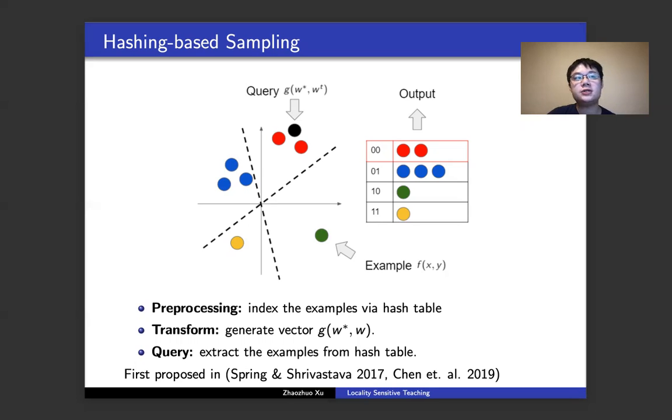Finally, we use this G(W, W star) as a query and look up the suitable materials from the hash table. This hash-based sampling was first proposed by Spring and Shrivastava in 2017 and achieved promising results in kernel density estimation and other machine learning tasks.